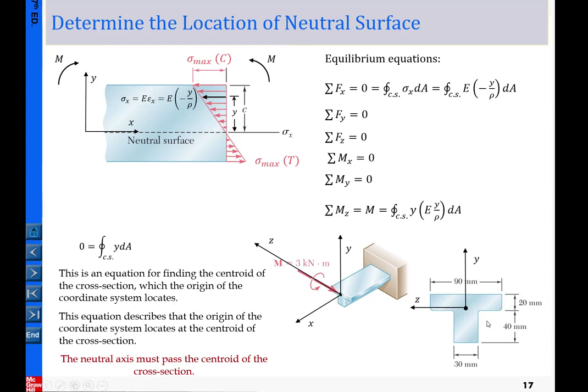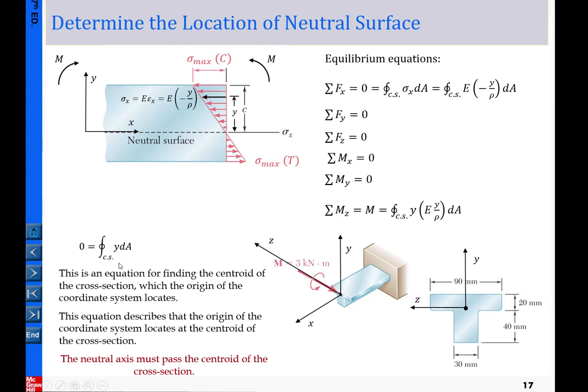Then the origin at the centroid locates in the neutral surface, and the neutral surface intersecting with the cross section forms the neutral axis. So the neutral axis passes through the centroid of a cross section. That is the take-home message here.